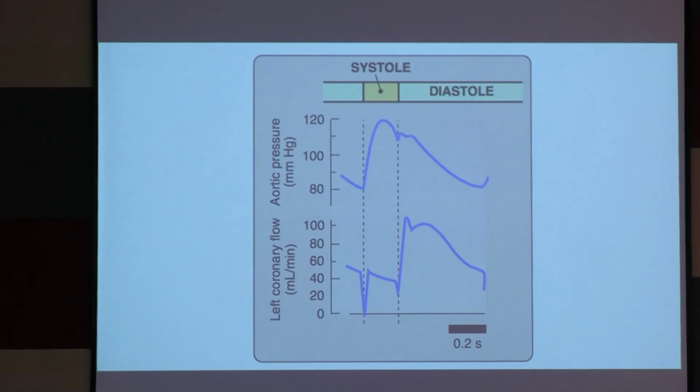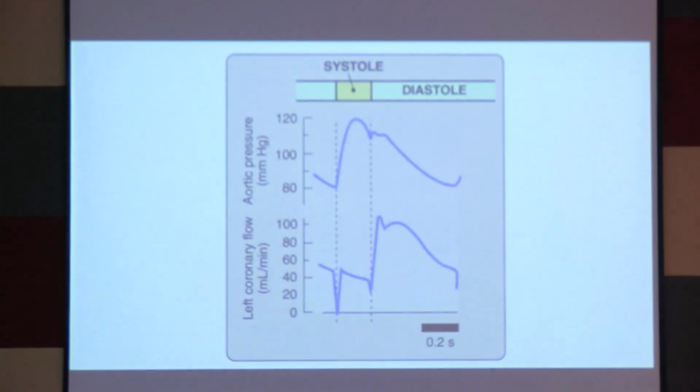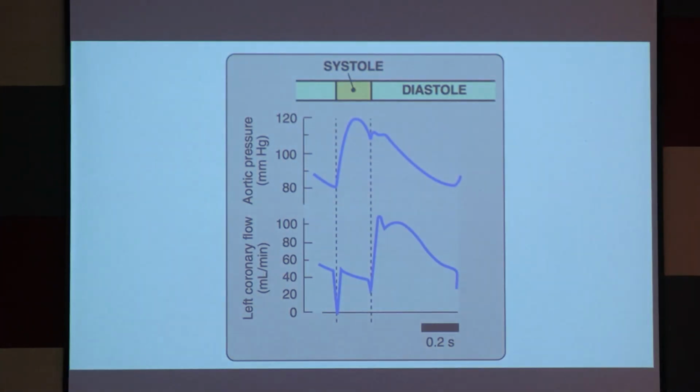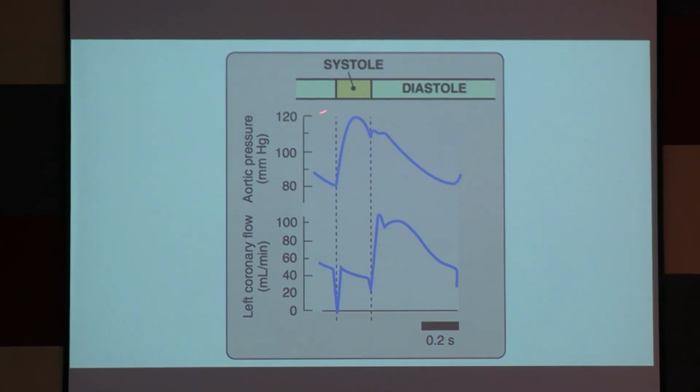So see, this is aortic pressure, okay? Today's topic is very small, but many things to understand, okay? So this part is systole and this part is diastole, and this is aortic pressure, okay? So when aortic pressure is rising during systole, around 120 millimeter of mercury, okay? During systole, the highest pressure point you see is 120 millimeter of mercury.